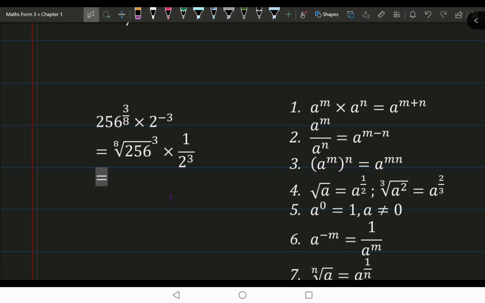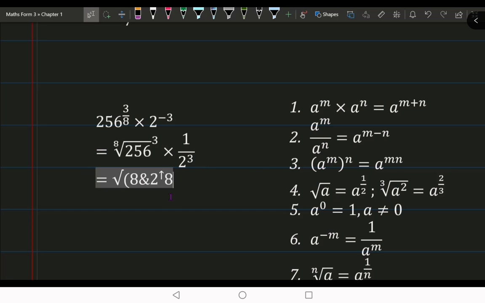We take the square root of 256 first, which is 16. The square root of 16 is 4. So we get 2 under the square root, 2 times 2 times 2, to the power of 8.